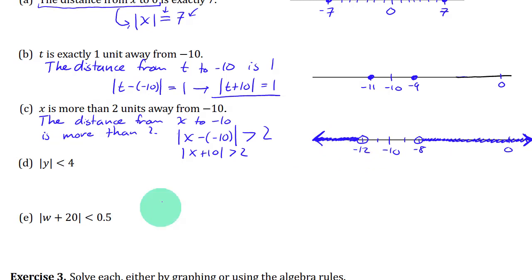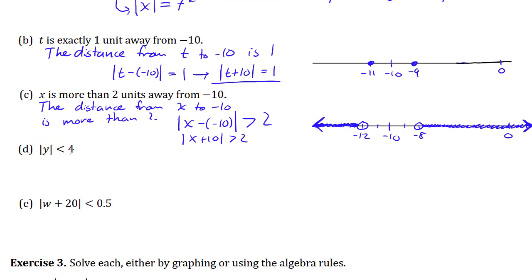All right, for D, we got the absolute value of y is less than 4. So the absolute value of y by itself is just the distance from y to 0. That is what we're saying is less than 4.